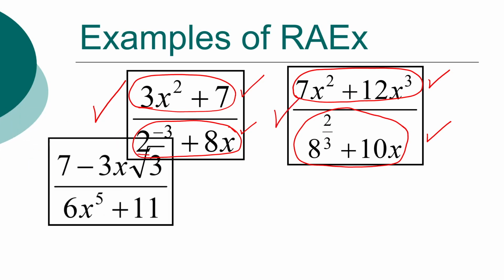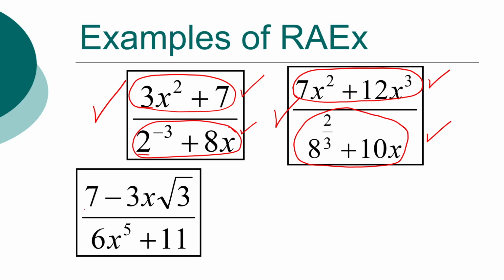Look at the third example. Is this a polynomial? Look at the radical sign. Polynomial, sir, because it is not a variable, sir. Okay, they are just numbers. Very good. So the numerator is a polynomial. The denominator, is this a polynomial? Yes, sir. Now let's go.